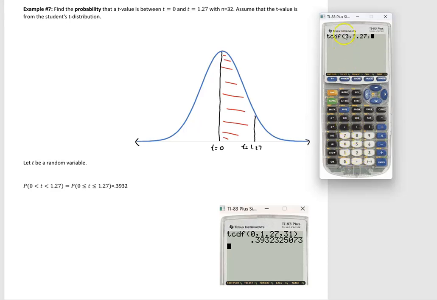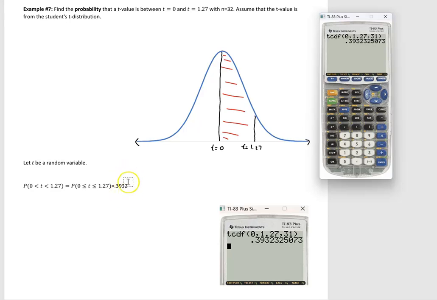It always wants minimum and maximum value from left to right. And then the next command is going to be the degrees of freedom. We're looking at a size of 32, therefore degrees of freedom is going to be 31. So that's the proper command.